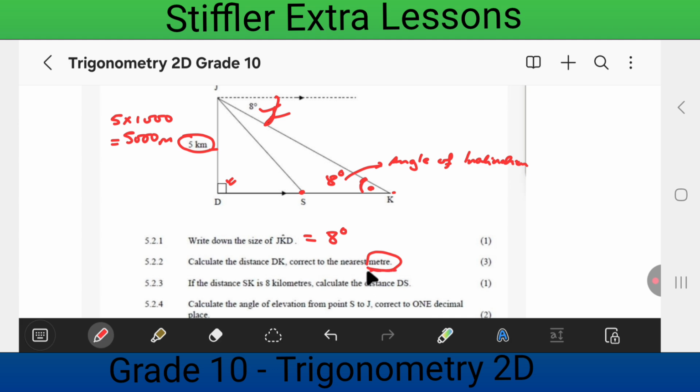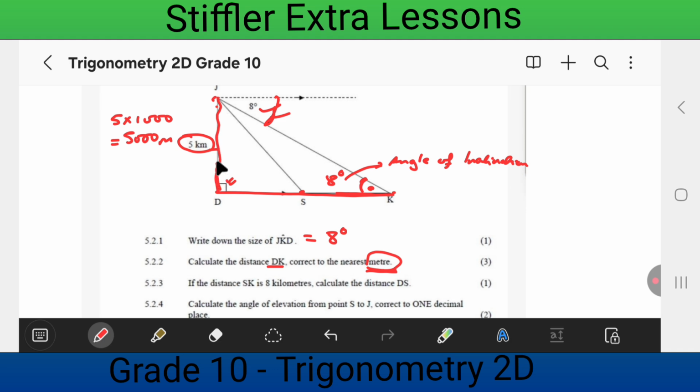They said to the nearest meter, so let's change our units to meters instead of kilometers. So they wanted the distance DK. So DK is this distance from this point up to this point, right? But what do we know in this triangle? You can see that we're having this triangle, this big triangle. Let's try to show it there.